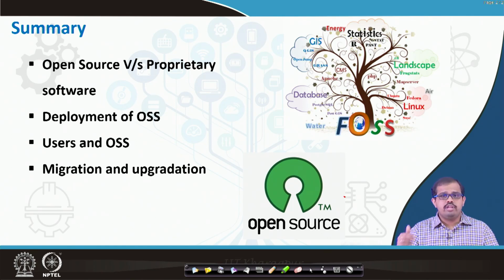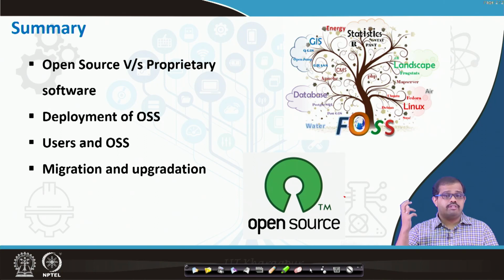So when you look at this, we have looked at open source versus proprietary software. Basically, we have compared both of them. We started with deployment of open source software, how the deployment is done, what the intricacies in deployment are, and the license issues. Then we looked at users and open source software. That is where the major difference is.